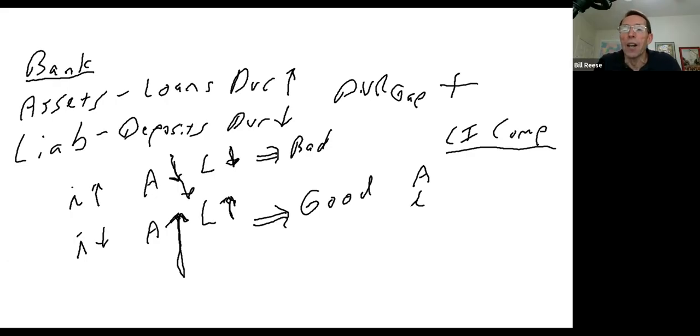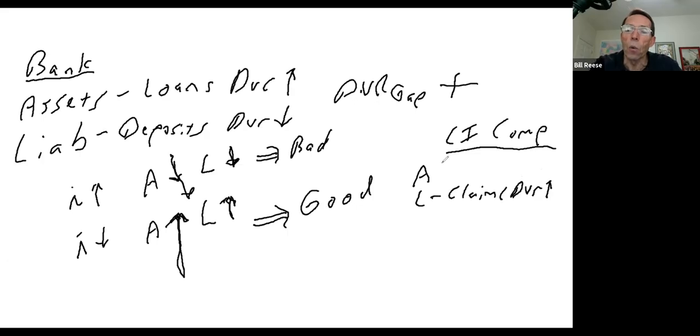If the average person with a life insurance policy is, let's say, 30 or 35 years old, on average it's going to be 50, 55 years, something like that, before the death claim has to be paid out. So the liabilities, which are the claims, are going to have a very high duration.